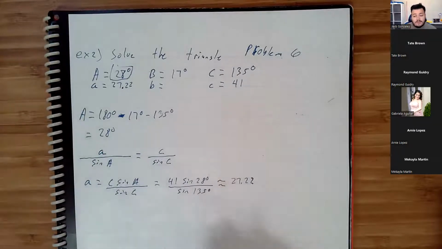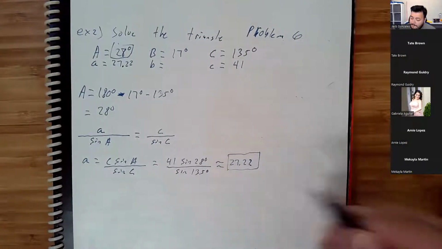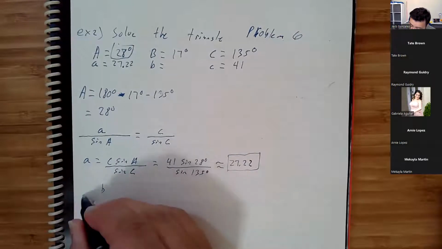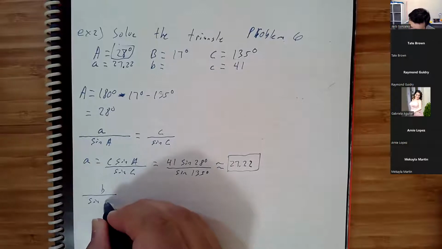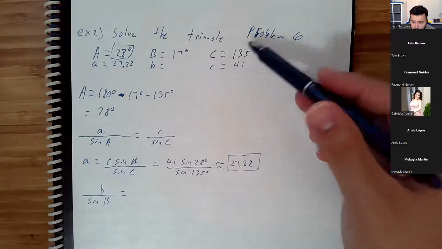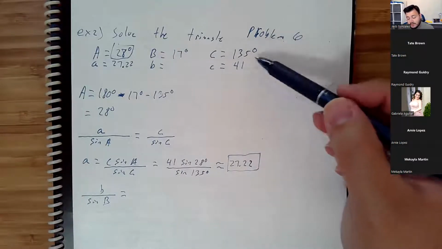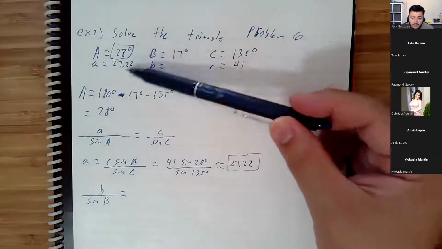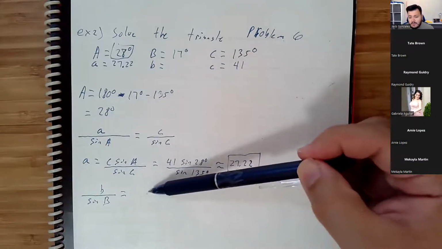Okay, so now I'll repeat the process. Find the side b, and that's it. So b over sine B. I keep setting it equal to the one that has the whole numbers, the original we had, because there's no rounding and it was given to us, so I know it's not messed up. If we made a mistake along here and then used that over here, then this would be wrong.